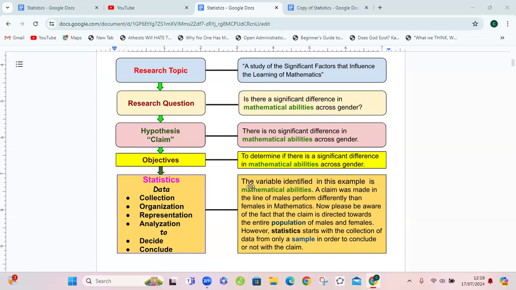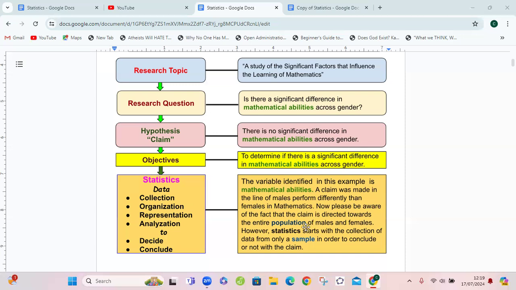So as we see here, the variable identified in this example is mathematical abilities. And a claim was made in the line of males performing differently than females in mathematics. That was the hypothesis. So now please be aware of the fact that the claim is directed towards the entire population of males and females.